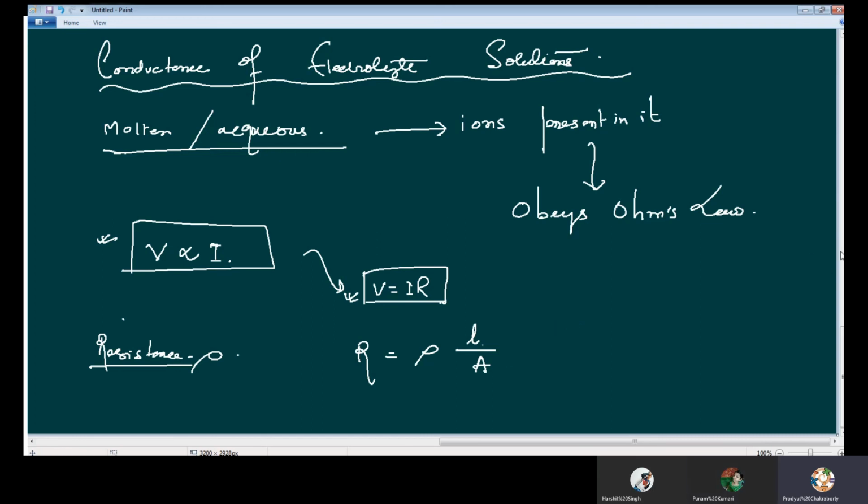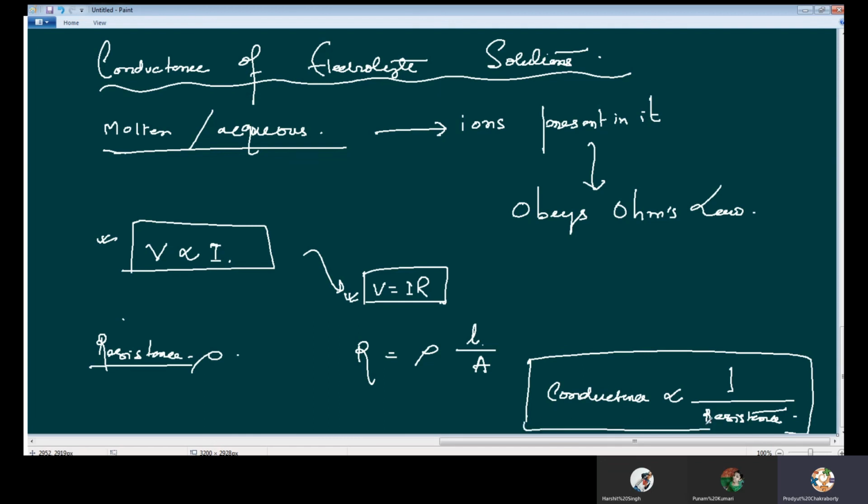Now, what is the relation between conductance and resistance? Conductance is inversely proportional to resistance. So whenever resistance decreases, conductance increases. Is it clear now?